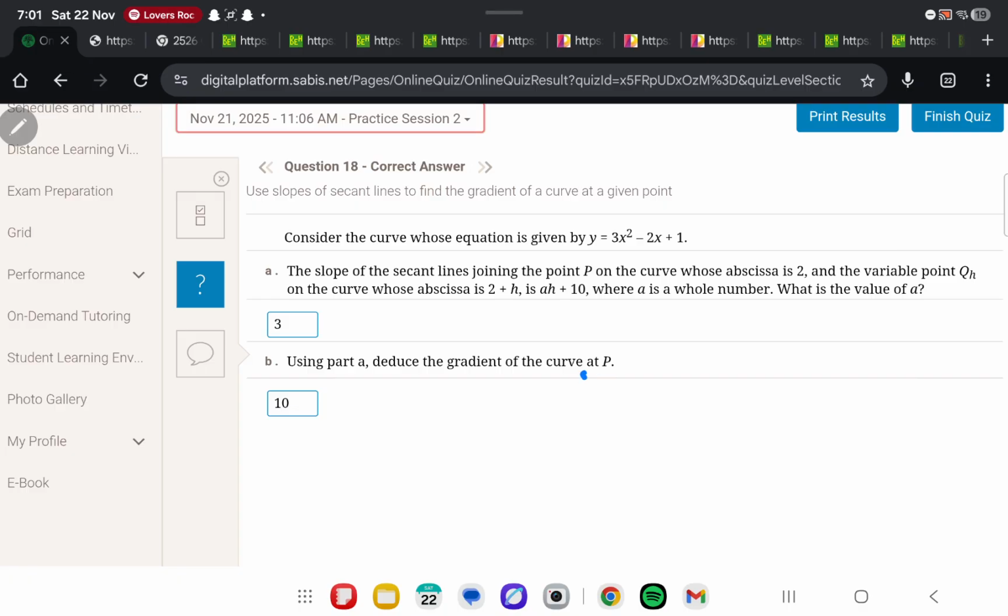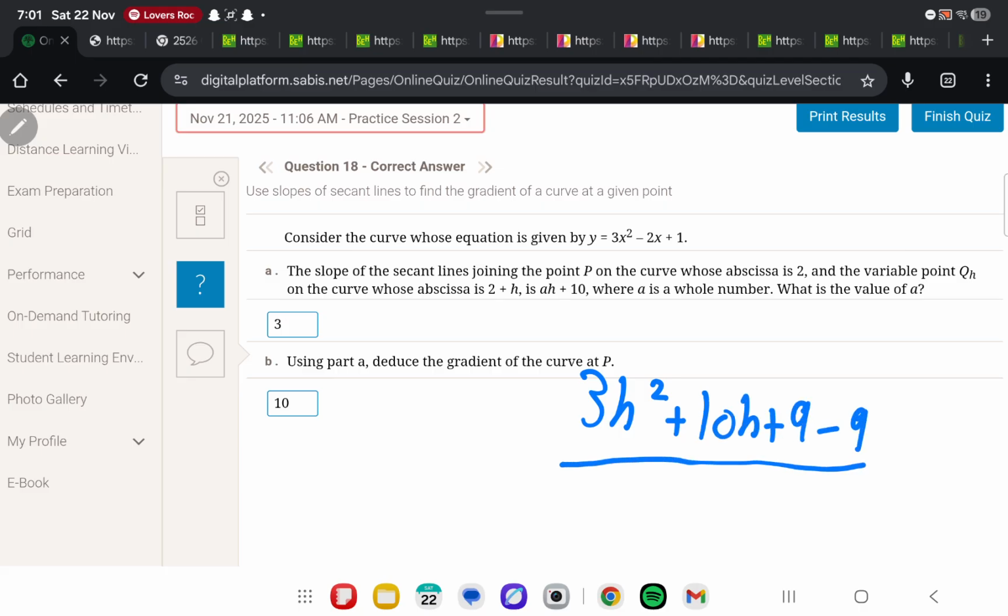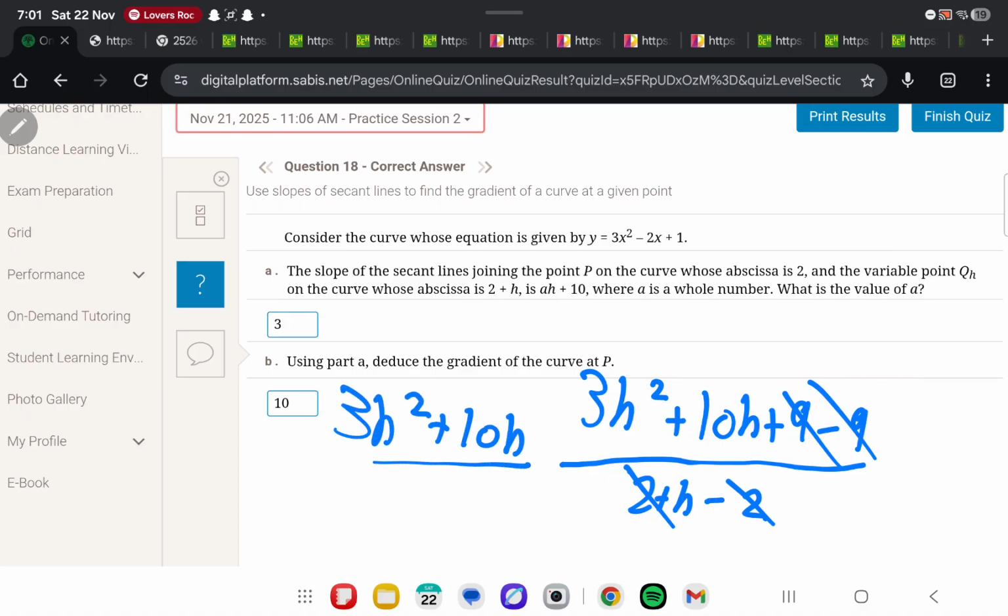What was it? 3h squared plus 10h plus 9 minus 9 over 2 plus h minus 2. Yeah, it's like this. So cancel 2 with 2, 9 with 9. So you're left with 3h squared plus 10h over h.